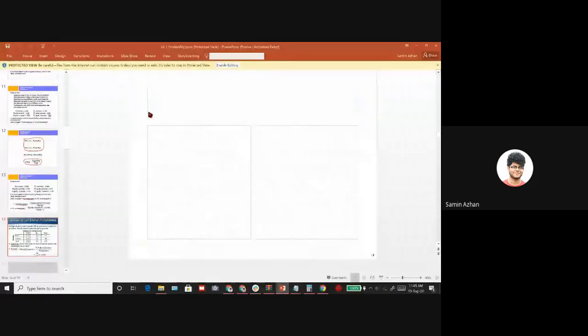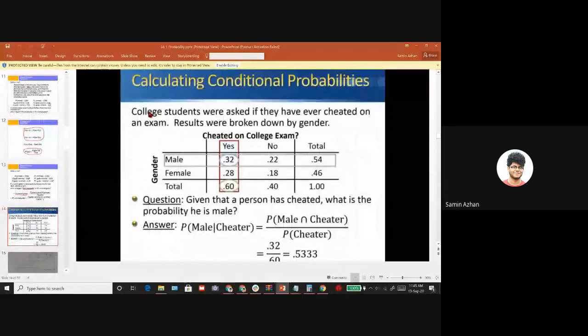All right, let's look at a few more examples. That way, we'll have a clearer picture. In this example, college students were asked if they ever cheated on an exam. The results were broken down by gender, and this is what we got.